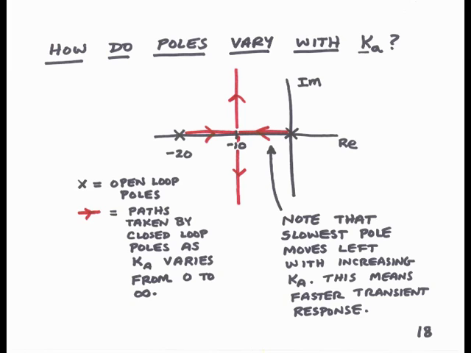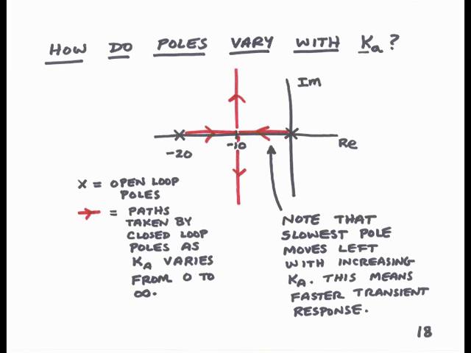Now, as ka is increased, the poles will move in the complex plane, and the motion of the poles with increasing ka is shown by the arrows on the diagram. So, one closed-loop pole is starting off near 0, and another one is starting off at minus 20.